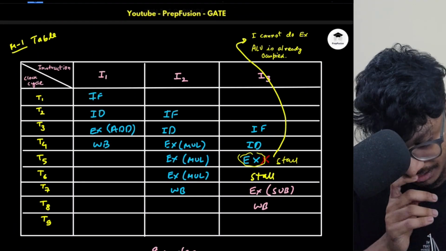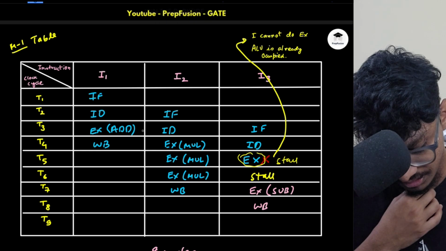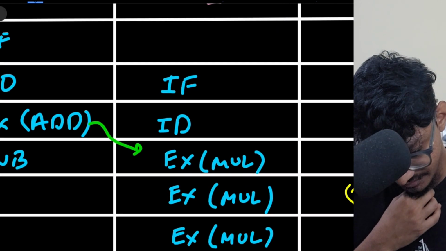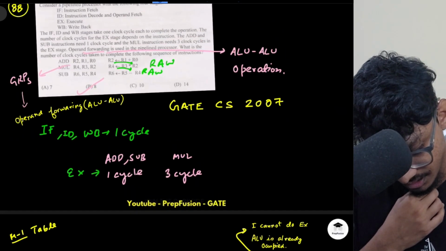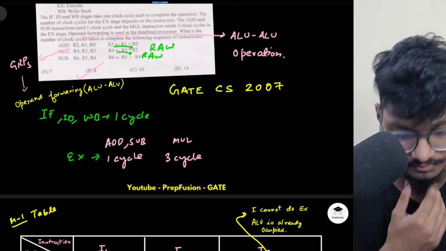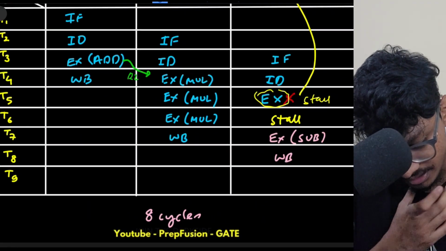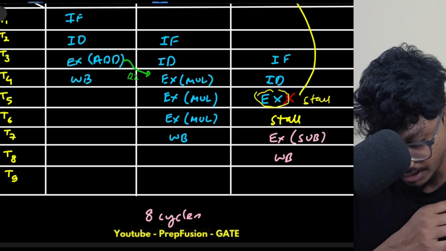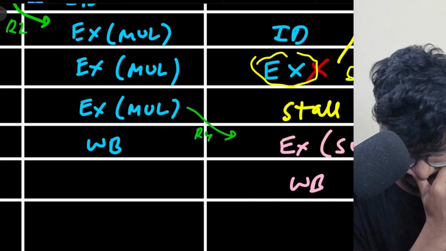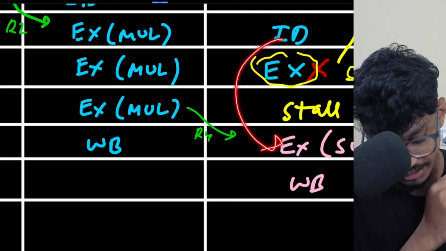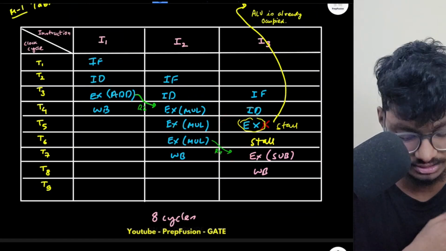As soon as I finish my execution here, I instantly give this value of R2 to the second instruction, as there is operand forwarding. And here as well, as soon as I execute R4, at the next stage I start my execution, because I directly give R4 to the next instruction. I don't take it from here. I directly give it from this execution stage to the next instruction.